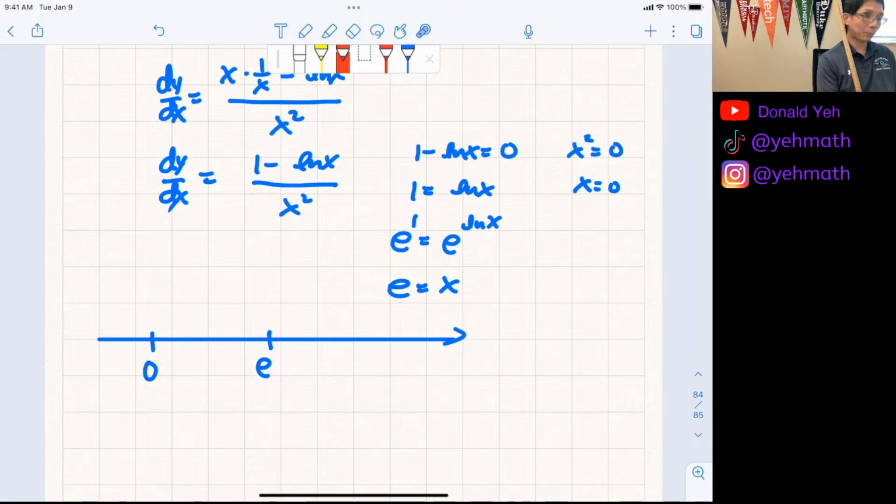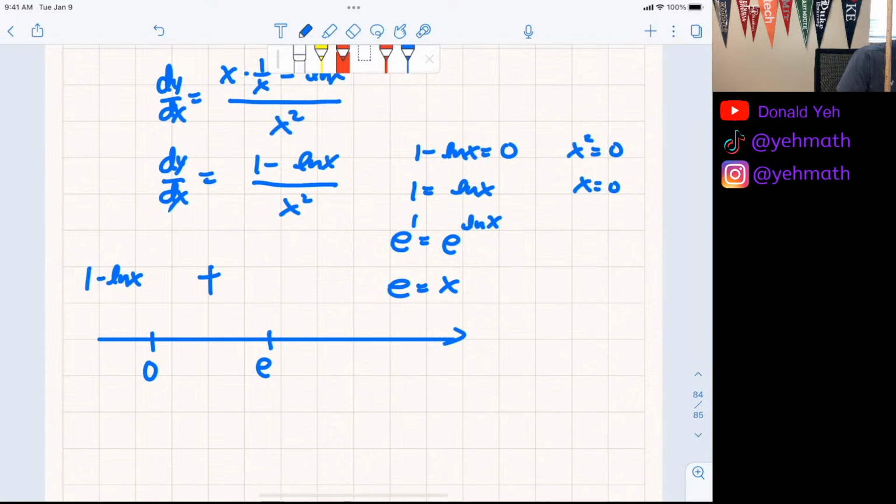What's a good value to put between 0 and e? 1? Okay, so natural log of 1 is what? It's 0. Good.